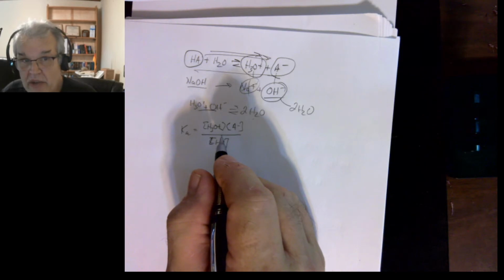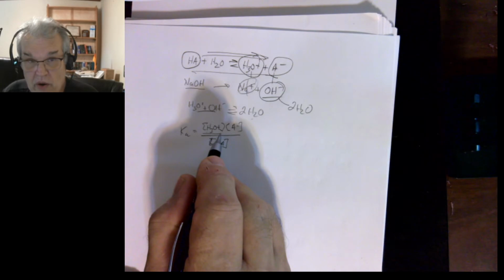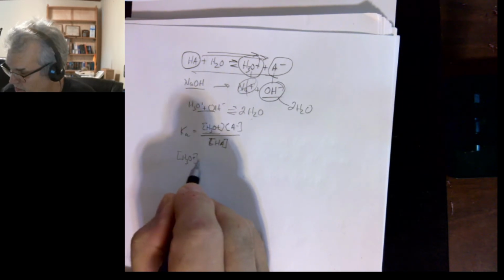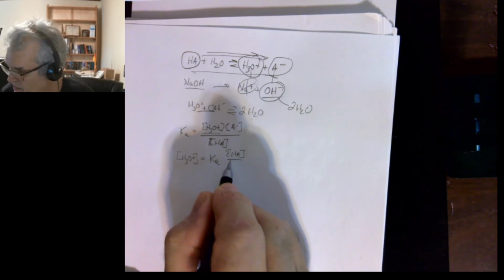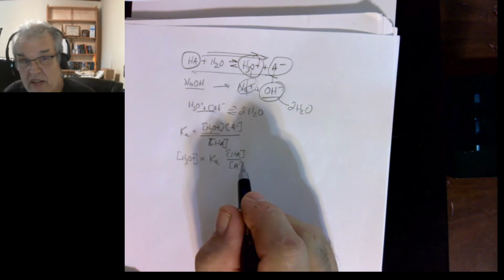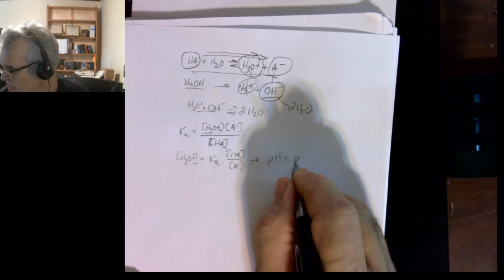We want pH, right? So let's arrange this equation so it solves for pH, and pH is by hydronium ion concentration. So hydronium ion concentration is going to be equal to Ka times HA all over top of A-. Okay, if I take the negative log of both sides, I get pH is equal to pKa.